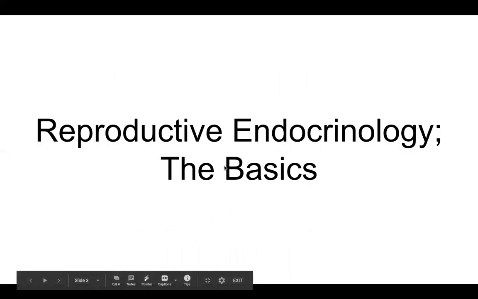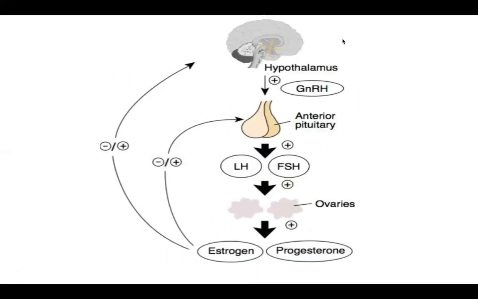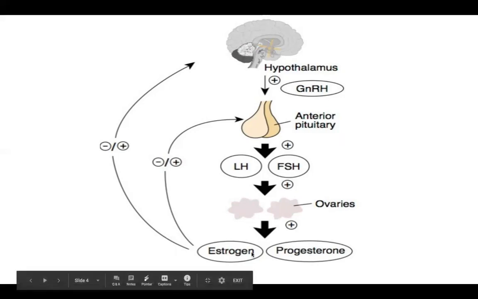reproductive endocrinology. So here's a picture from every medical textbook that has talked about endocrinology. You have at the top your hypothalamus, which releases your GnRH, which acts on the anterior pituitary, which releases, for this lecture, LH and FSH, which are then released into the periphery and interact in the ovaries to release estrogen and progesterone.